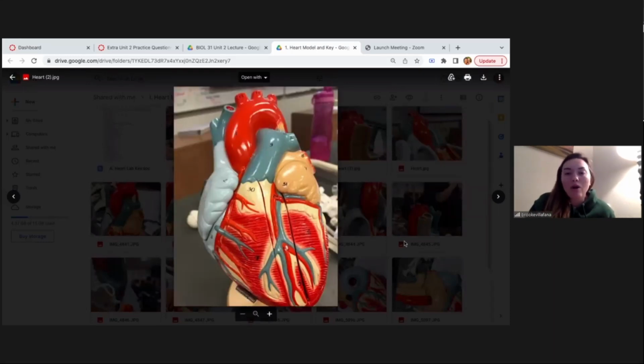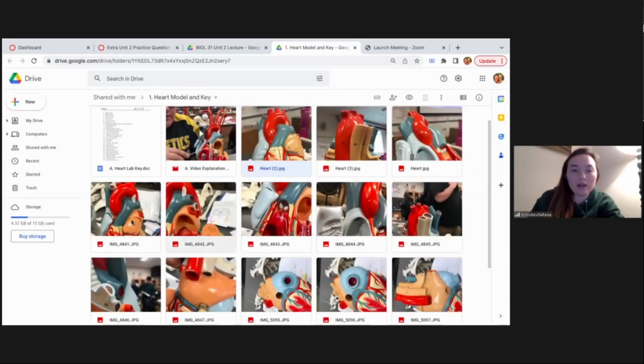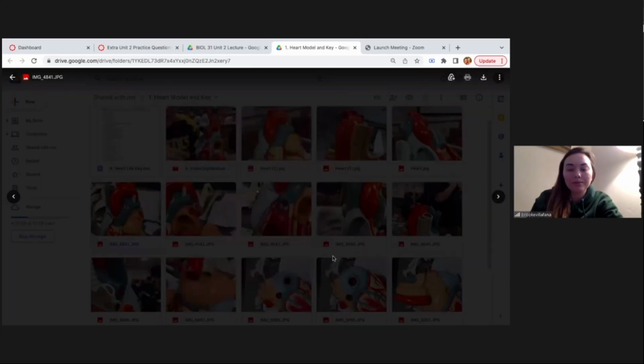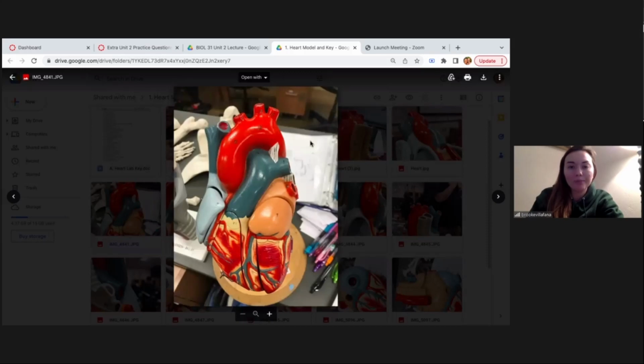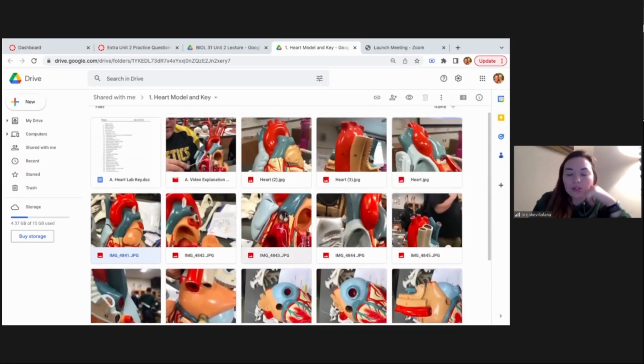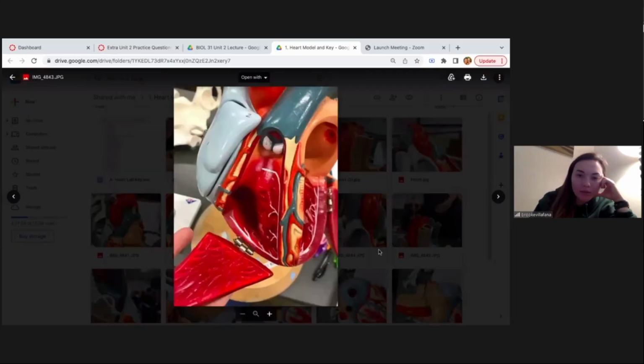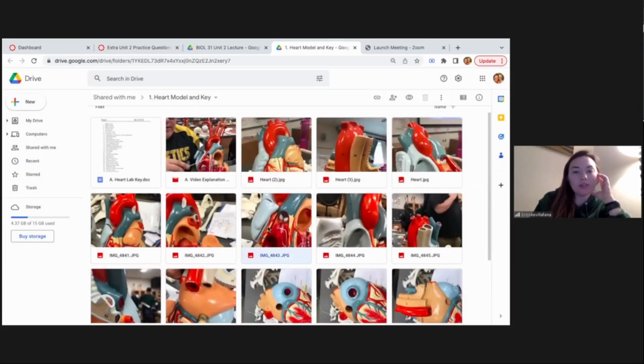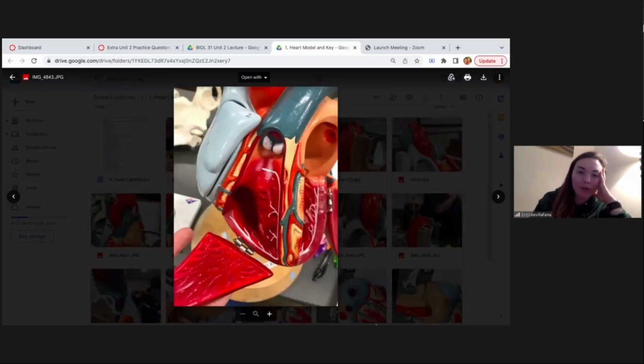Okay, so for our heart, this is kind of nice because we just went over it. So I'm going to try to do this as our little review. Let's see if I can get a picture that I like. Let me see if we like this one. This is pretty good because at least we see it open.